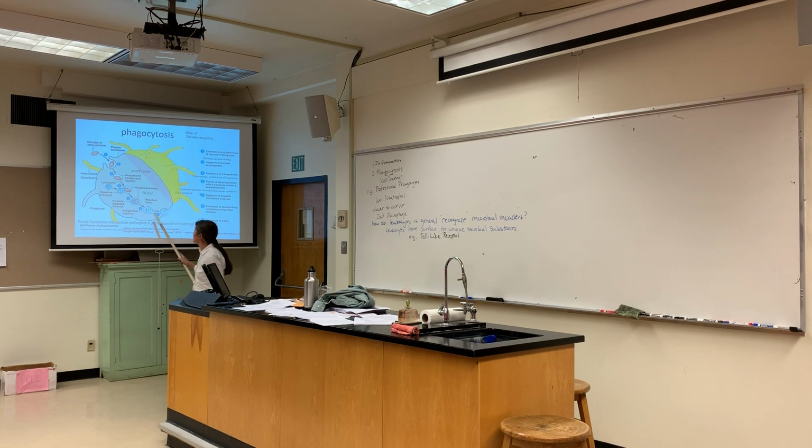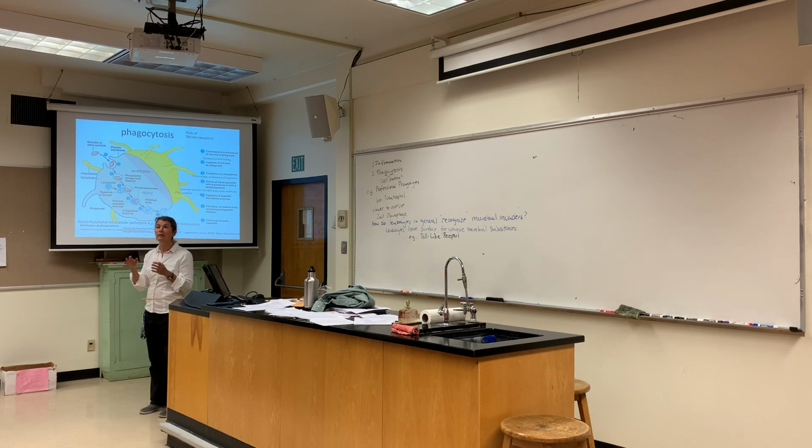But this is actually a problem. Remember how we said there's a lot of problems with chronic inflammation? Like think of Mycobacterium tuberculosis in our lungs. It has that nice acid-fast cell wall. Sometimes our phagocytes, our immune response, will not kill the mycobacterium, right? So we end up with chronic infection, maybe chronic inflammation.